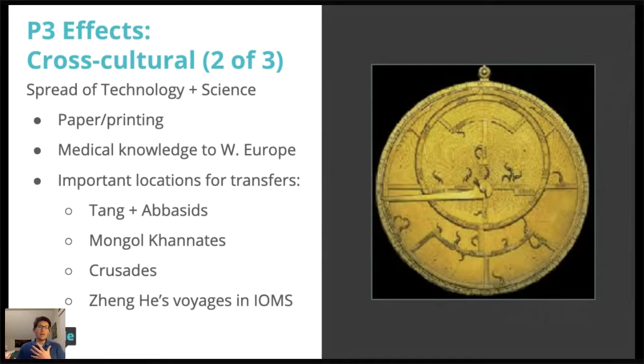The Abbasids will adopt paper-making technologies from the Chinese after this beginning of this cross-cultural exchange. Of course, the Mongol Khanates we've already talked about, right, in their development of kind of a Eurasian empire, facilitate this transfer of goods.